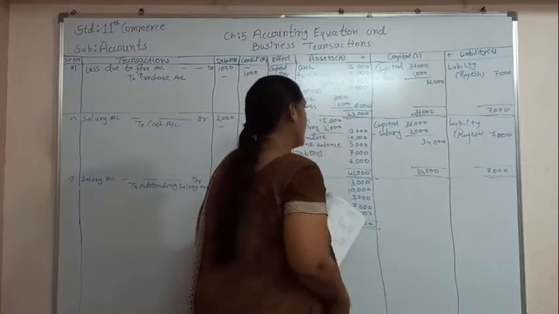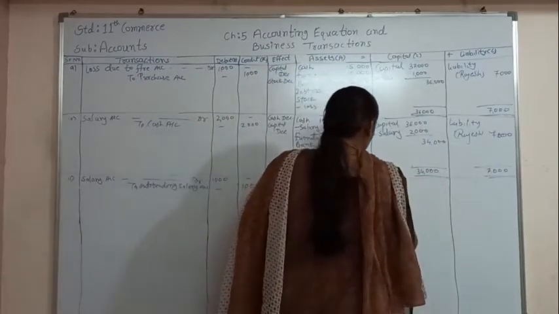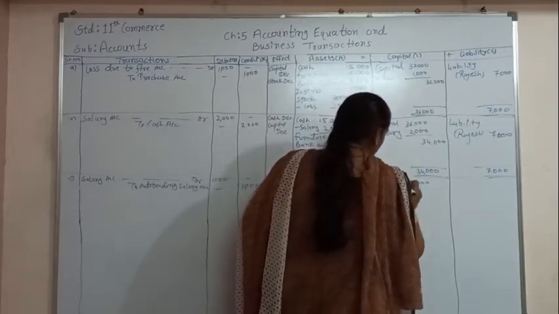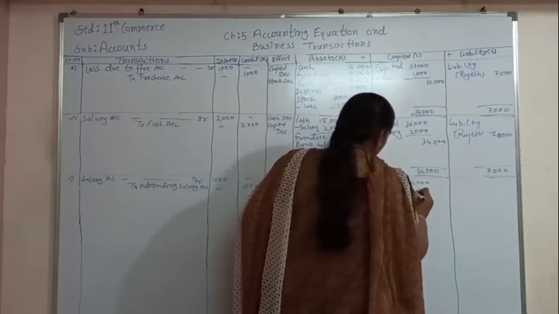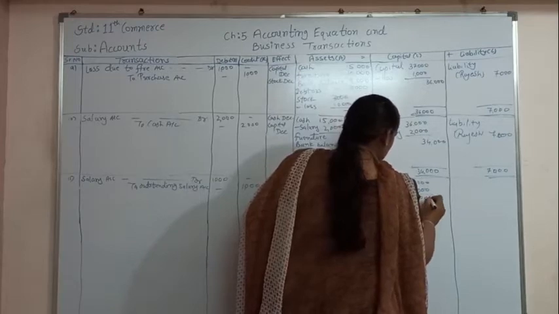And here capital is going to be decreased by 1,000. So capital account 34,000 minus outstanding salary 1,000. So capital will be 33,000.